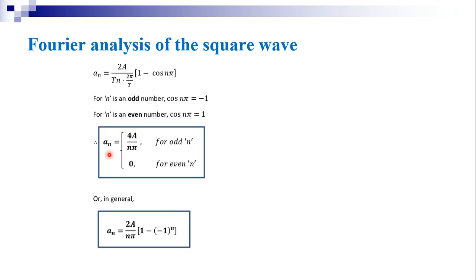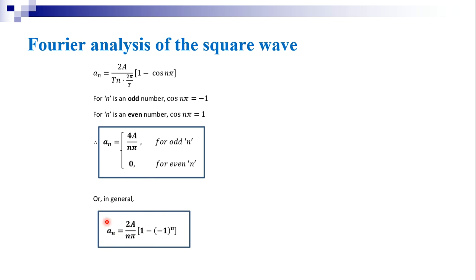Therefore, after putting the values for odd and even n, we get an is equal to 4A by n pi for odd n, and for even values of n, we get an is equal to 0.